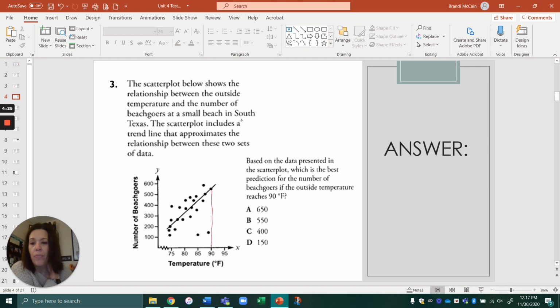And so here's our line. 650 is up here, 550 is about here, 650 would be here, so that doesn't matter. 400 is about here, and 150 is way down here. So the one that fits our data is this 550 mark.